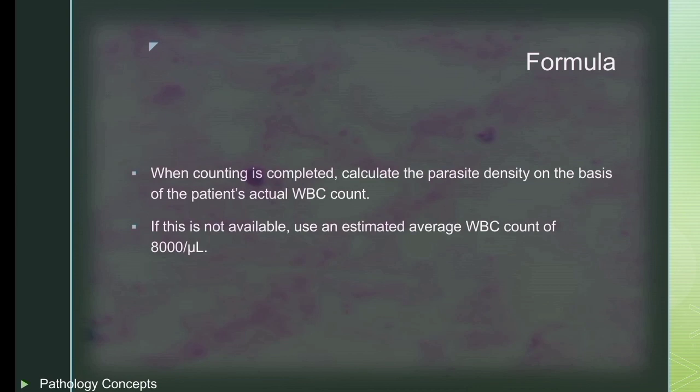Formula to count the parasite density. It requires the patient's actual WBC count. If it is not available, use an estimated average WBC count of 8,000 per microliter. Use the following formula for calculation.